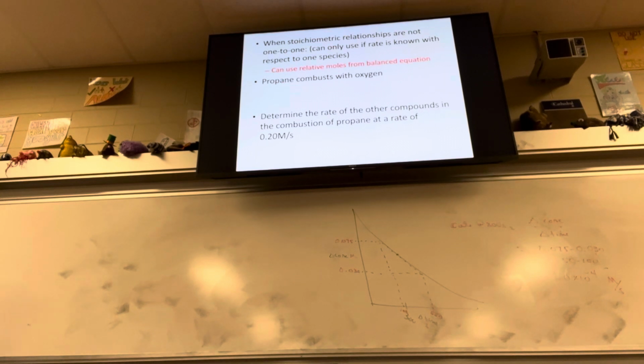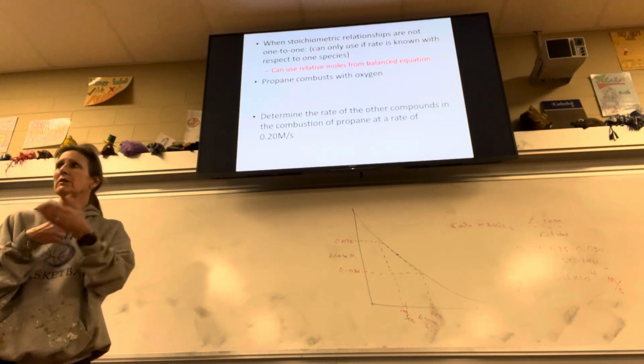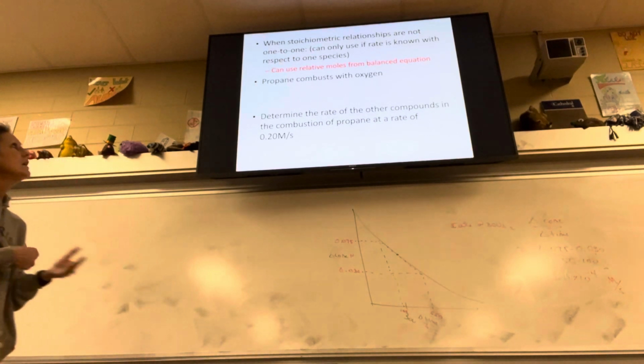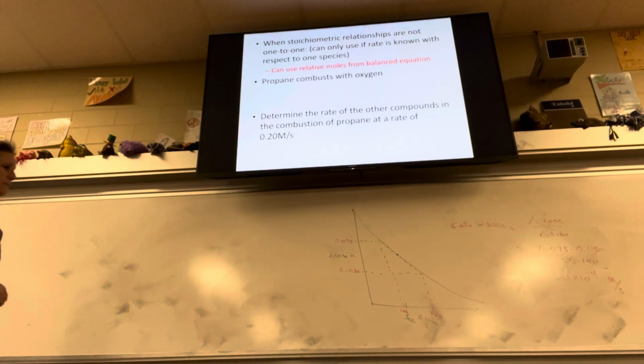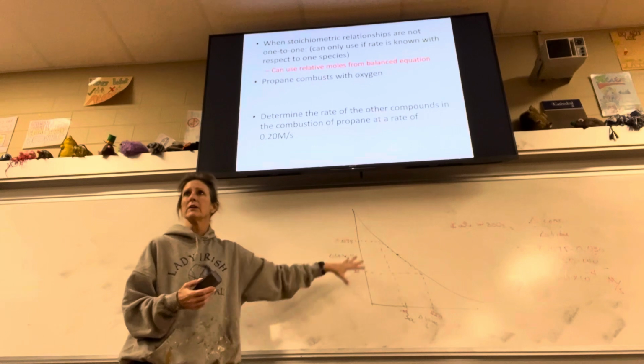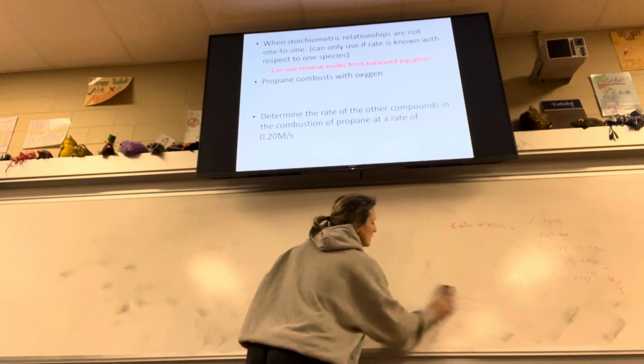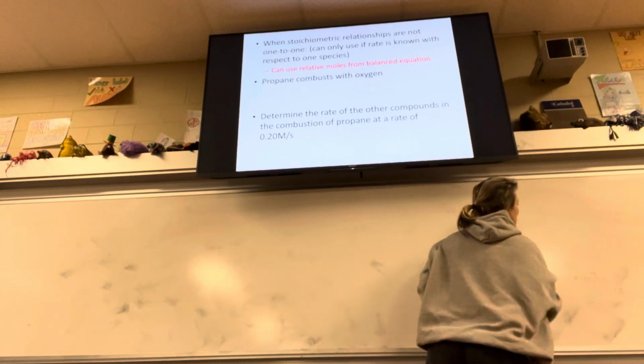The relative moles, or the coefficients we use for balancing, give us an approximation of how one reactant should change compared to another, or compared to a product, or vice versa. So if we don't have this kind of data, we can just use the coefficients to figure out rates.